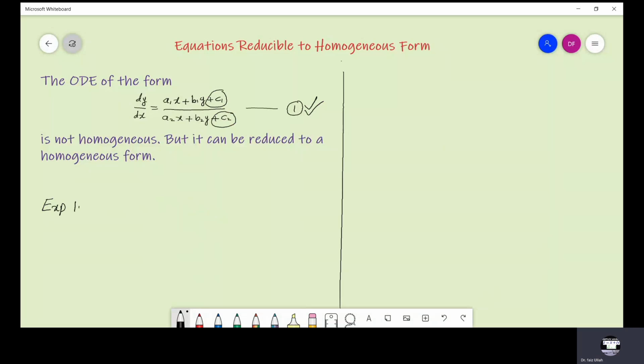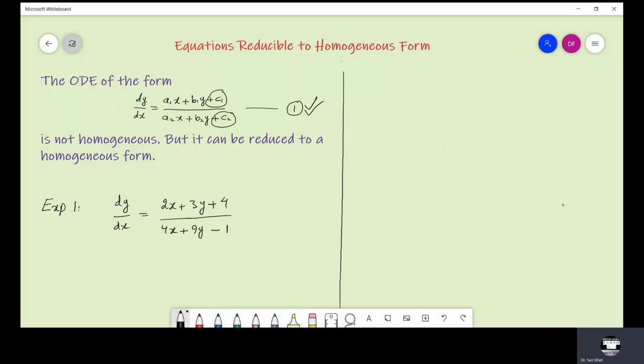In example number 1, we have a differential equation dy by dx is equal to (2x plus 3y plus 4) divided by (4x plus 9y minus 1).